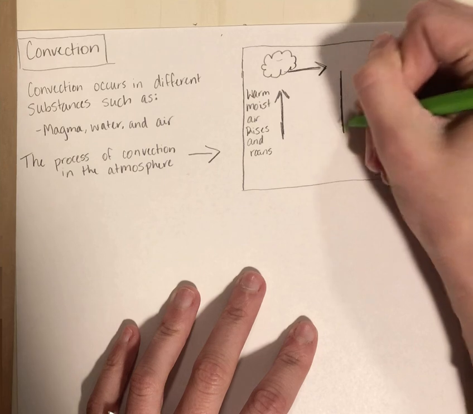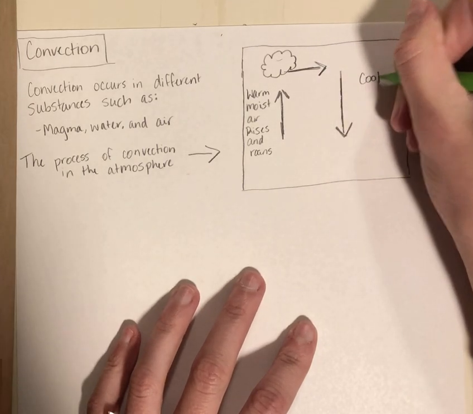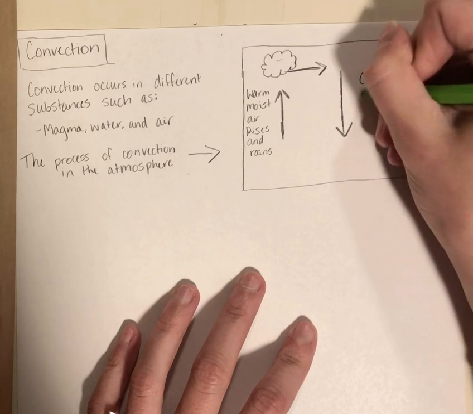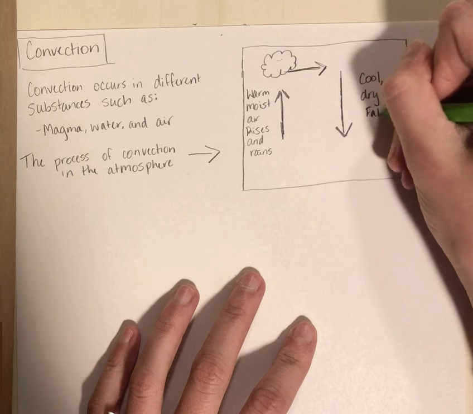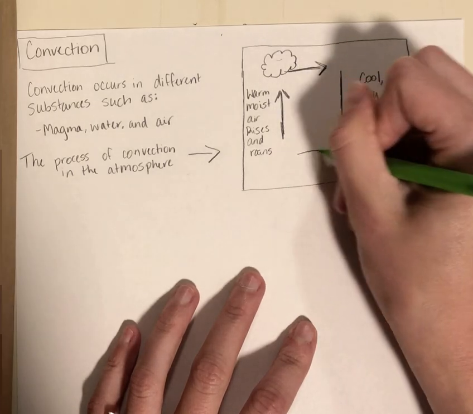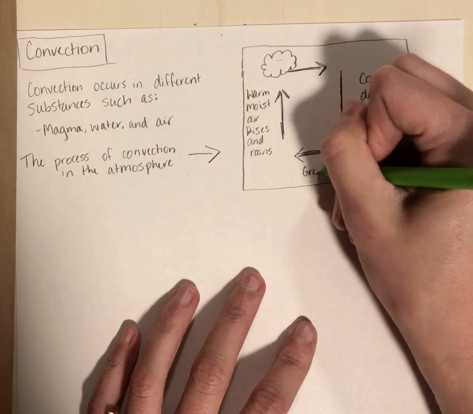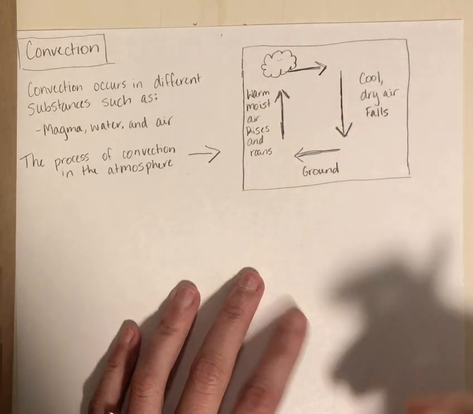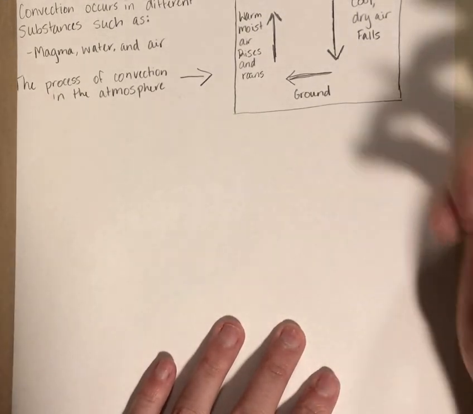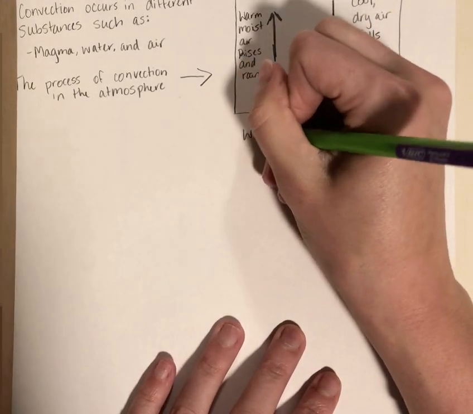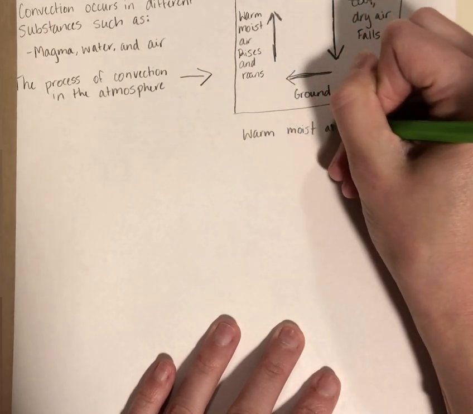And then over here is when our cool, dry air falls. Okay, and then near the ground, that air is moving over. Okay, so under this box, we know warm, moist air rises.